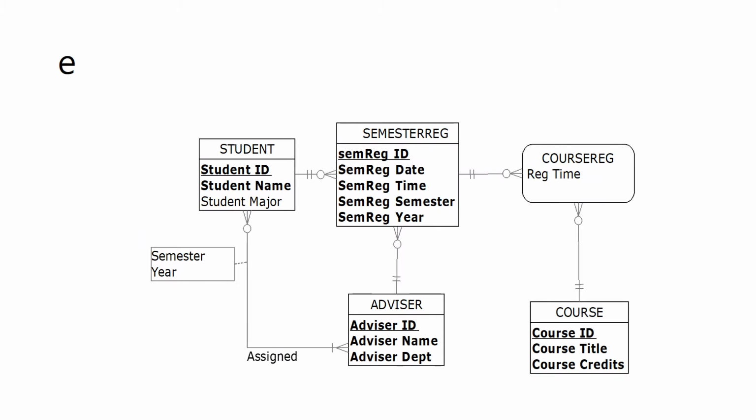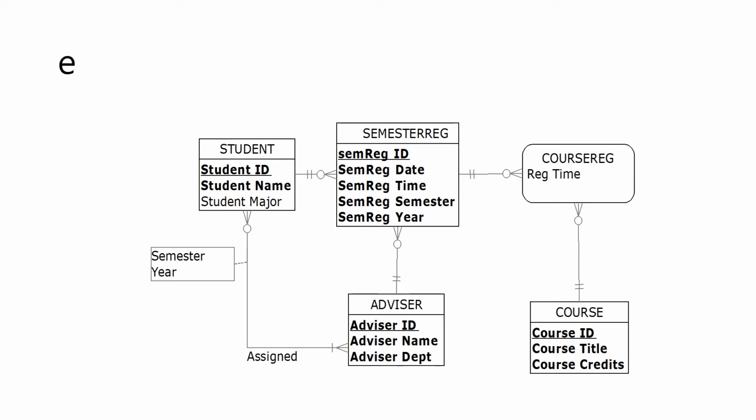E. Chapter 2, problem and exercise 2-42. So you can see the figure like this: student entity, semester registration entity, advisor entity, course entity.